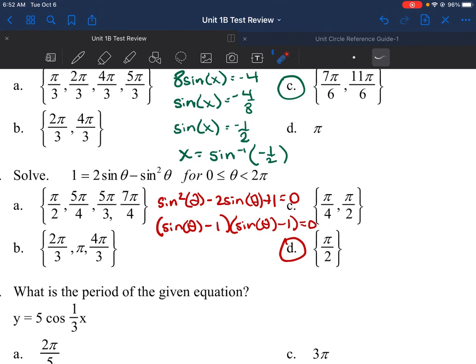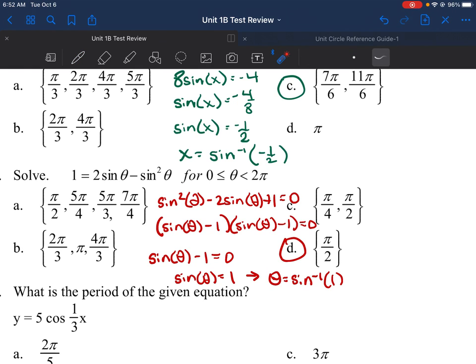Well, they're both the same factor. They're both sine of theta minus 1. So if I take sine of theta minus 1 and set it equal to 0, then we would get sine of theta equals 1, which means that theta is the inverse sine of 1.